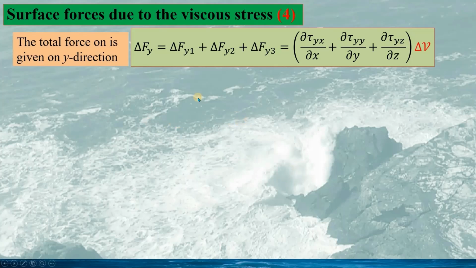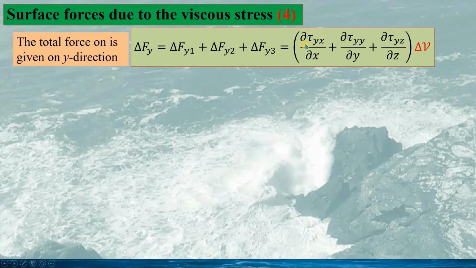Now we can put together all these surface forces in the y direction due to the different tensor components. So the total surface force due to the viscous stress tensor components would be given as delta Fy1 plus delta Fy2 plus delta Fy3 given as this. So we look at the terms here.